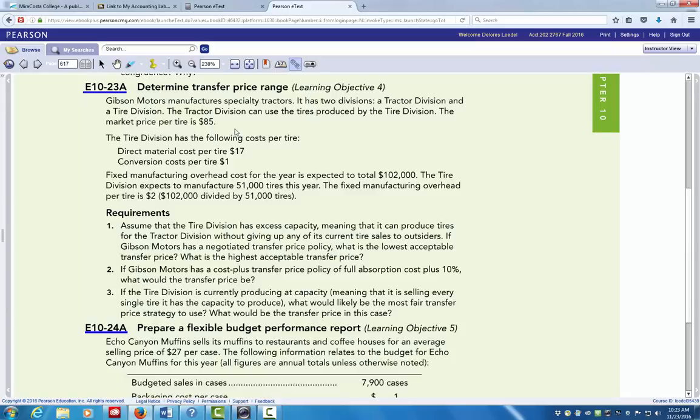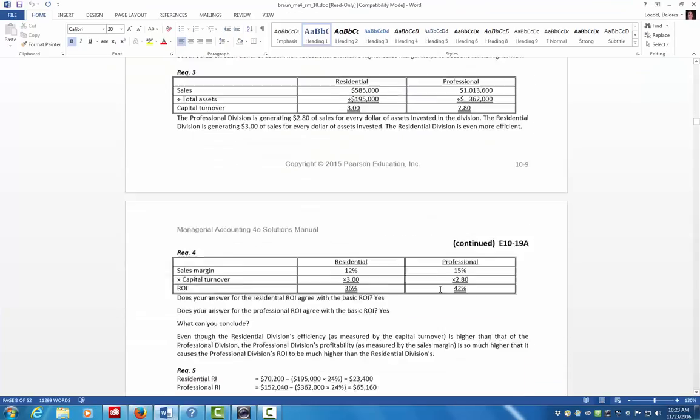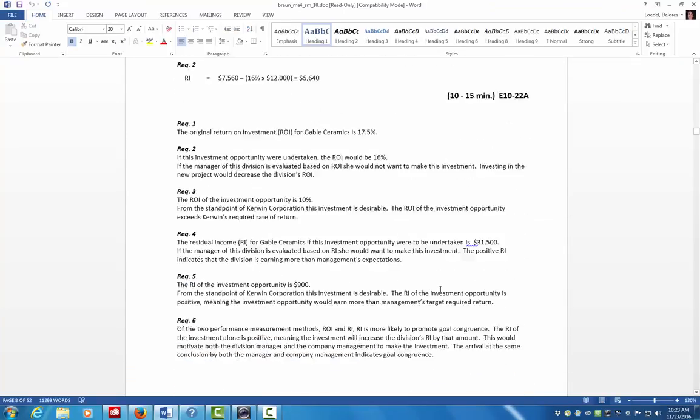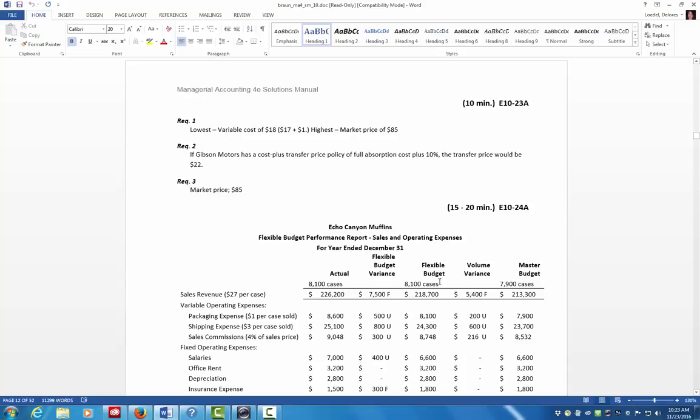So the information given here, we're trying to determine our transfer price range. Just one moment while I scroll down to that particular solution. And it's a short solution here. So requirement 1, a long question there, but basically they're asking what is the lowest acceptable transfer price and the highest acceptable transfer price.